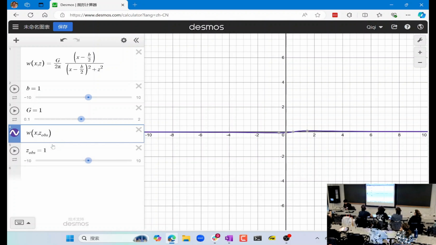So essentially, if my observation point is 1, let me actually make a big gamma. If my observation point is 0, right, when observation is close to 0, I'm going to have a very large velocity right outside of the vortex, right towards the right of the vortex, that's going up.